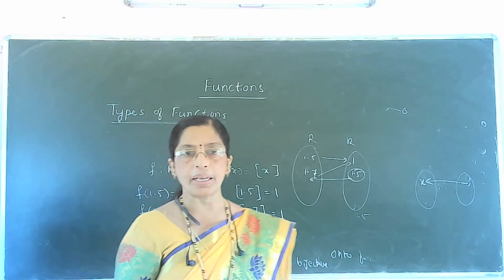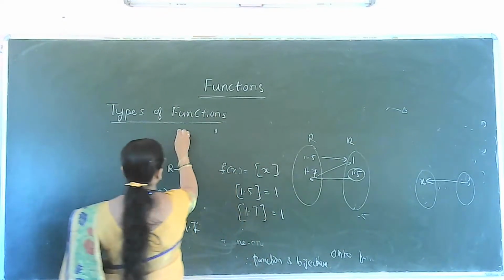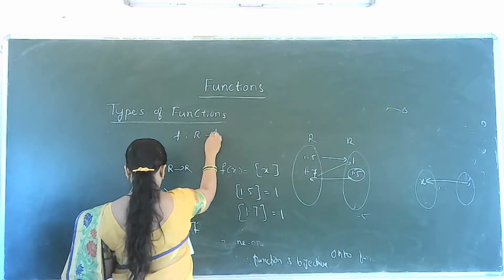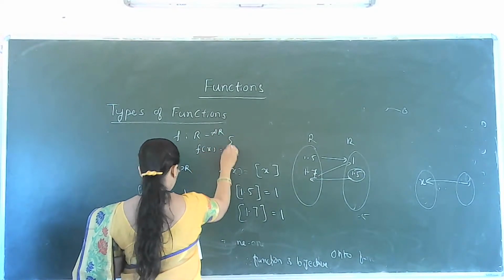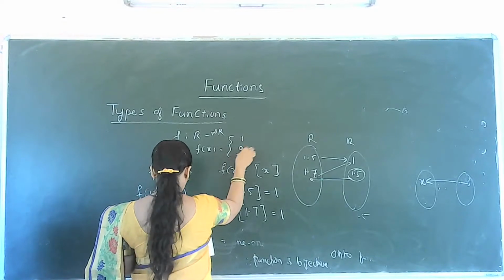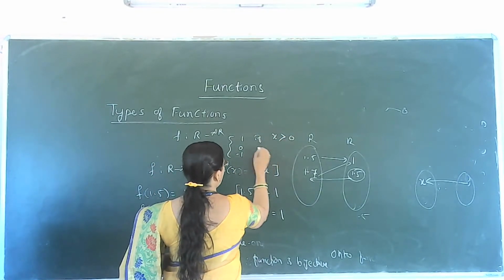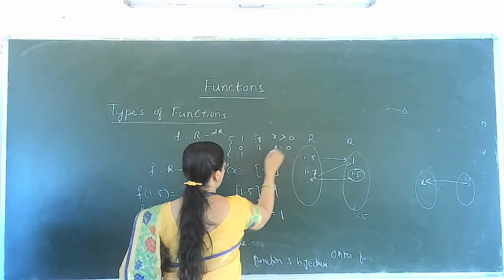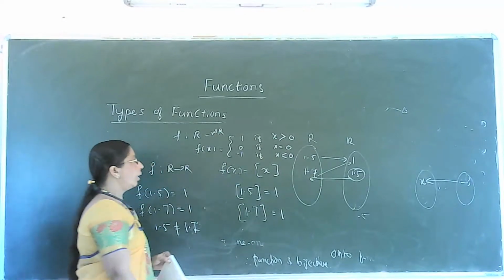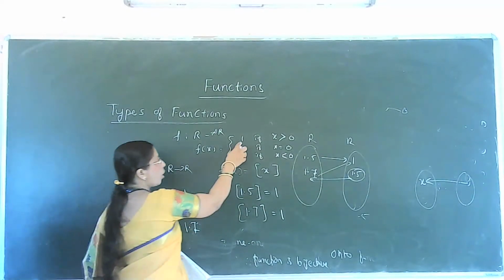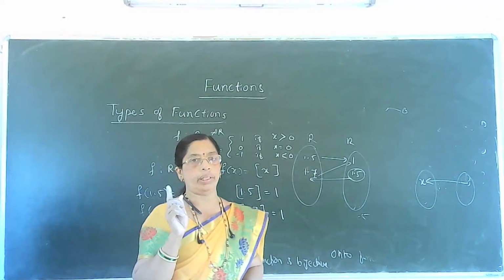And another one, the signum function. The signum function f of x is a function from R to R. Here f of x equals 1, 0, minus 1, if x is greater than 0, if x is equal to 0, and if x is less than 0. All elements greater than 0 have the image 1.